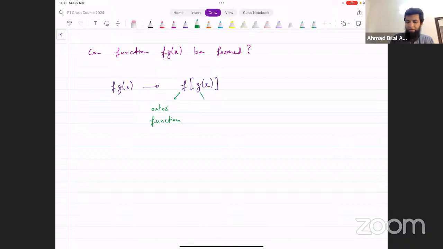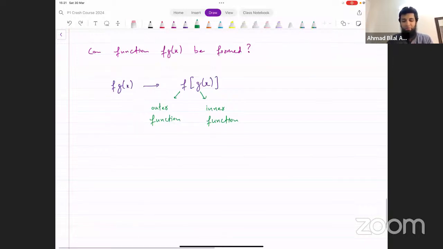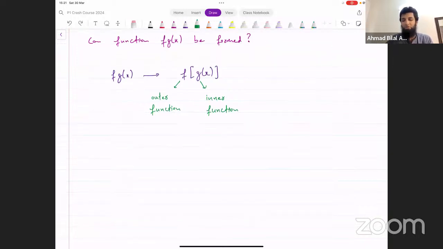And the function that you have inside here, the function that's coming afterwards, the function written in the second place, we're going to call the inner function. Okay. So in f g of x, g would be the inner function and f would be the outer function. So if you had any other composite function, for example m of n of x, n would be the inner function and m would be the outer function.